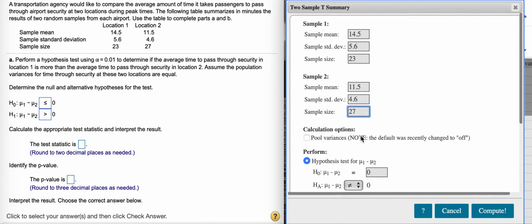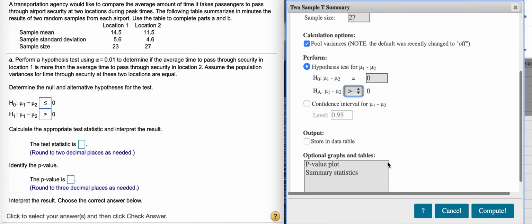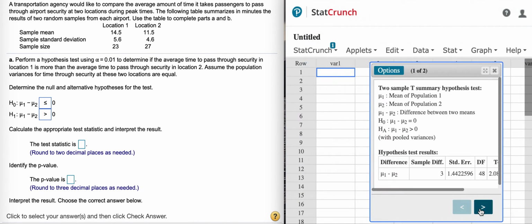We're assuming equal variances, so we're going to do a pooled variance test. Our hypotheses would be that the difference is 0, and we're trying to argue that it's greater than 0. So now we're going to run our test.